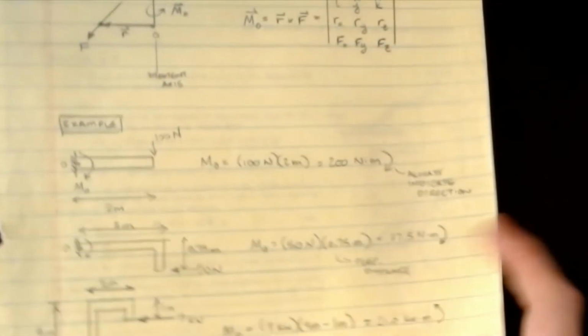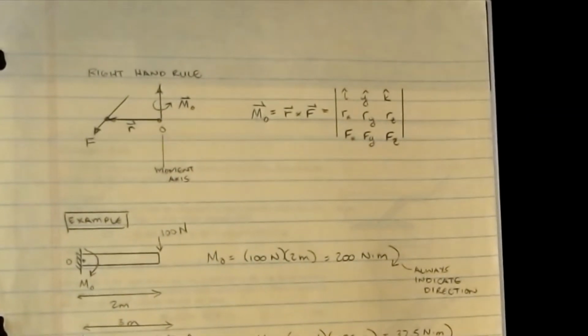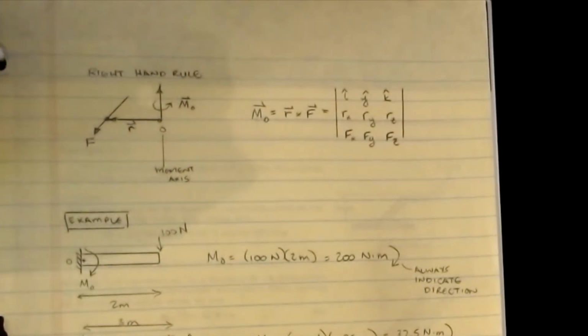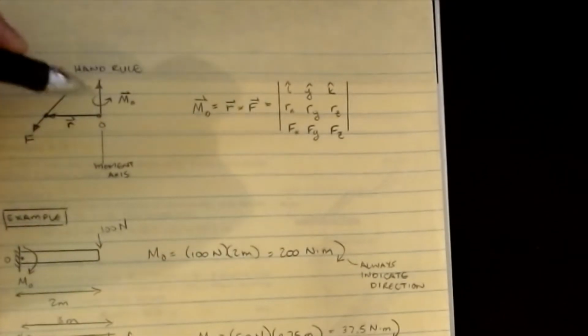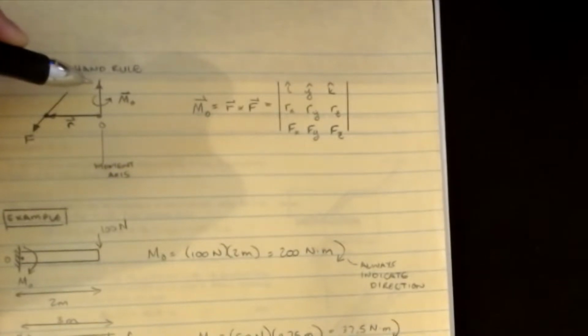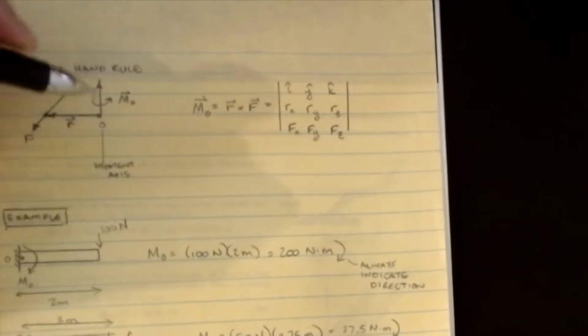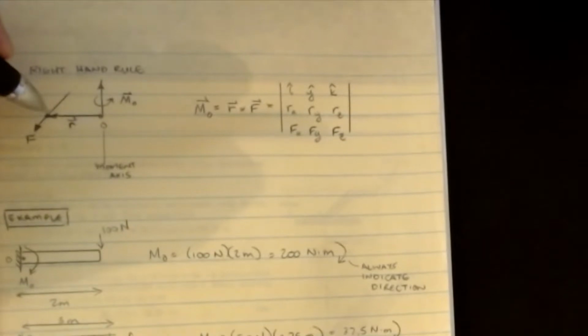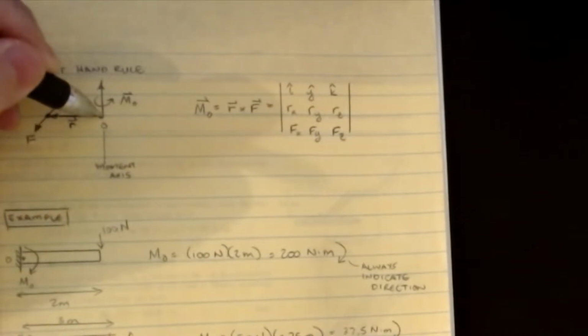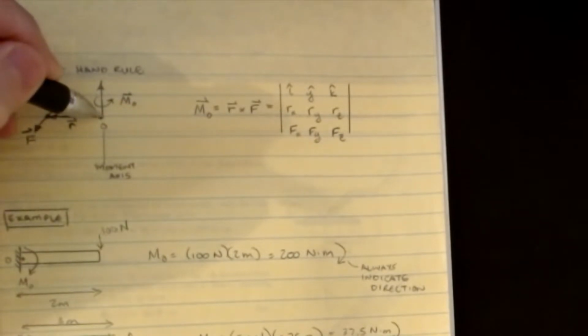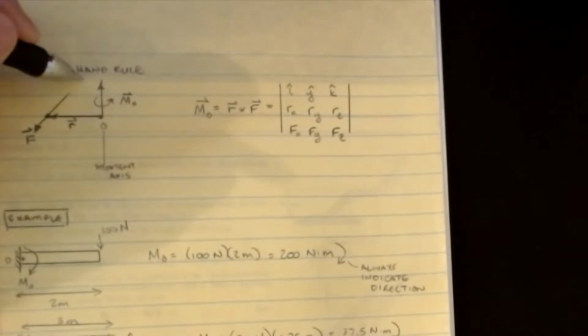Okay, all right. So now, here's that right-hand rule again, in particular for our vector. So if I have our moment's axis, the axis of rotation, if you will, that's this vertical line here, and I have a moment M naught vector that's acting about that axis, then all I have to do is choose a point somewhere on the line as point O. Then here's my force vector, and all I do is take an r vector from this point to a point on the line of action of the force, which would be this line.